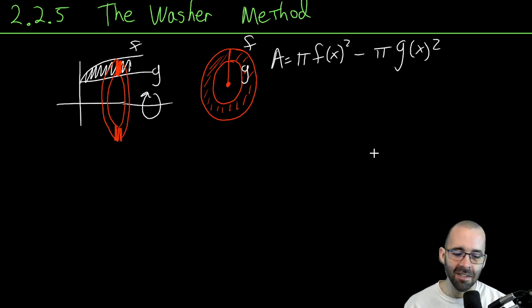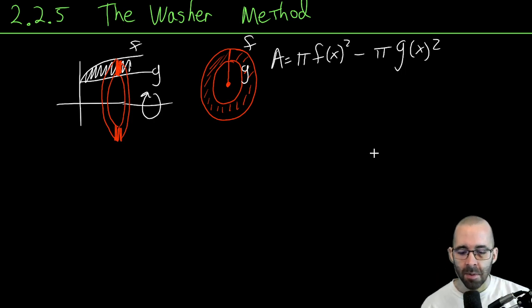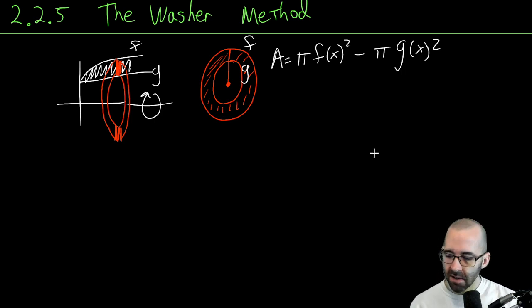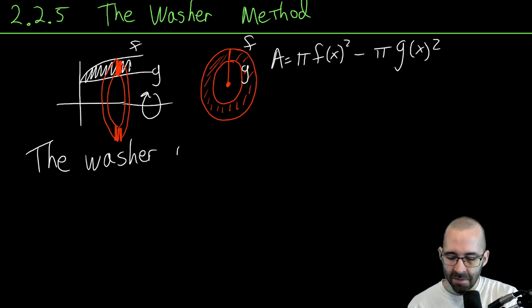I could. You already know how to do these problems. But we could formalize it. I don't want to write it all out again. The washer method, Cliff Notes version.